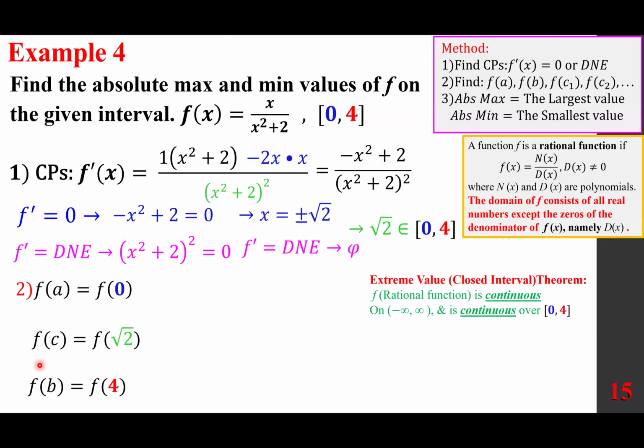So everybody knows this is 0. Let's plug in square root of 2. The numerator is square root of 2. The denominator is square root of 2 squared, which is 2, plus 2, so square root of 2 over 4. Let's plug in 4.